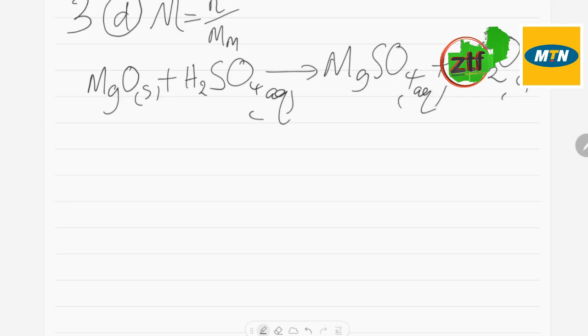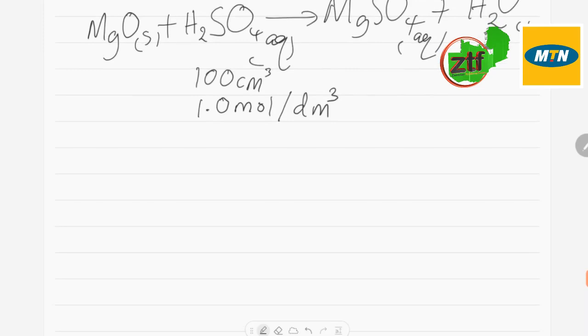Now, we have been given 100 cubic centimeter of the acid. We've also been given 1.0 mole per cubic decimeter of the same acid. So we're going to use this information to find the moles of the acid. Remember, number of moles in terms of concentration and volume: n is equal to concentration times volume.